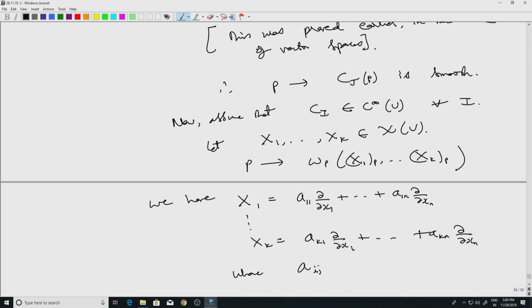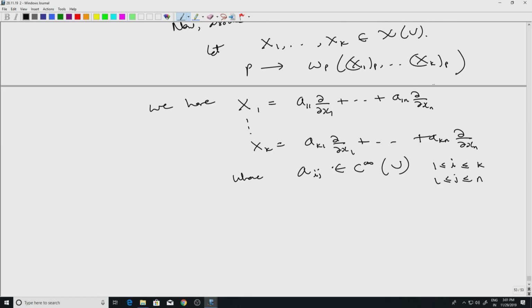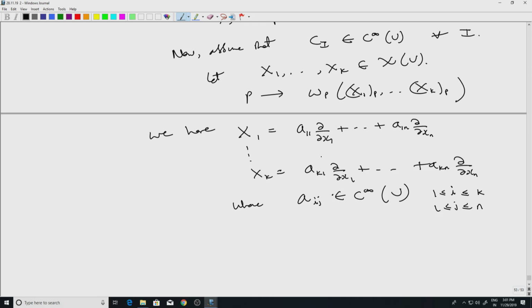So these coefficient functions are smooth, with i varying between 1 and k, j varying between 1 and n.